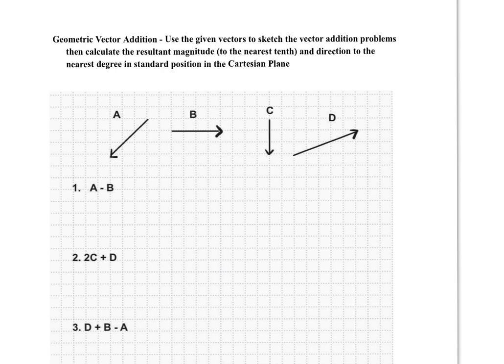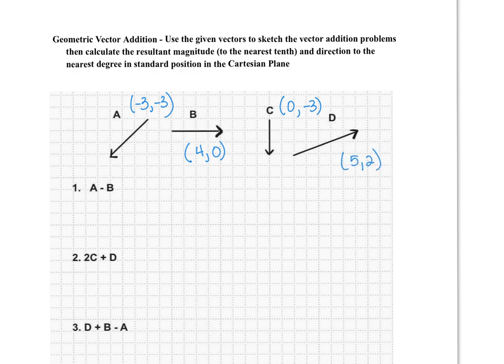If I were writing that in X, Y, that's going to be a -3 X movement, a -3 Y movement. I'm going to do that for every one of my vectors. If I am looking at B, I'm going to go to the right 4. I don't go up or down. So I'm going to write my X, Y. I'm going to do this all the way across for all of these.